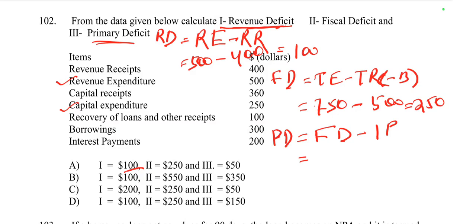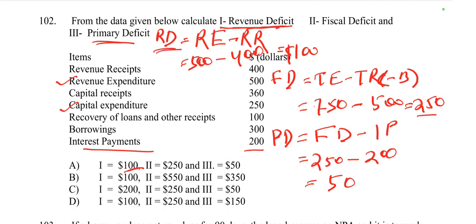So here fiscal deficit is equal to 250, minus interest payment, which is equal to 200. So 250 minus 200 is equal to only 50. So revenue deficit is 100, fiscal deficit is 250 and primary deficit is only 50. So 100, 250 and 50. Option A is right.